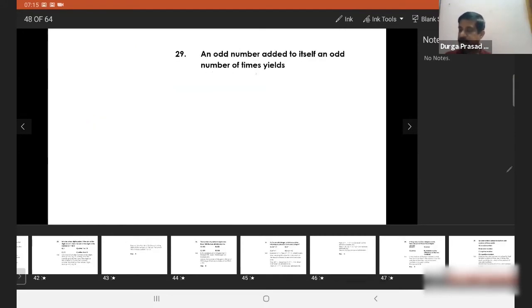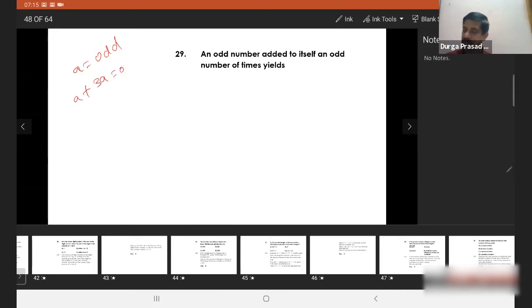An odd number added to itself an odd number of times yields. So let us say A is odd. Now what is that he says? An odd number added to itself an odd number of times means A plus 3A, like that you take.